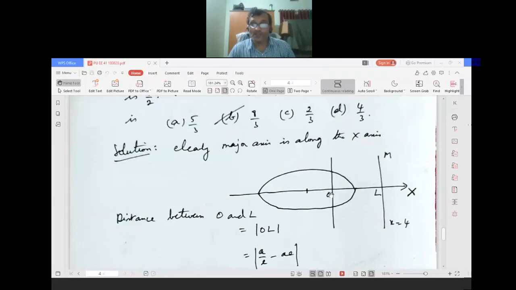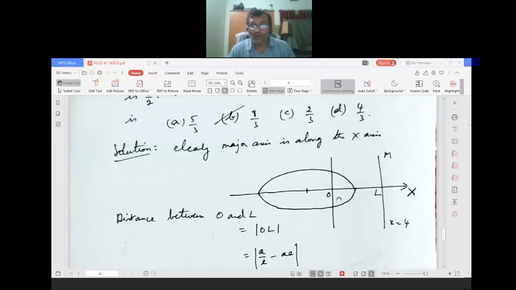Now the distance between the focus and the directrix, that is OL. From the vertex to the directrix, the formula is a by e. This length is a by e, and this length, from the center to the focus, is ae.